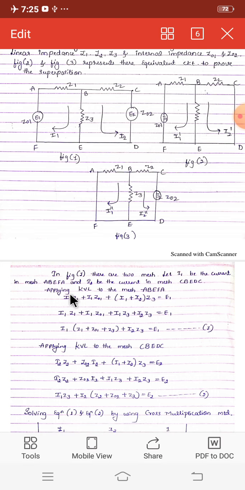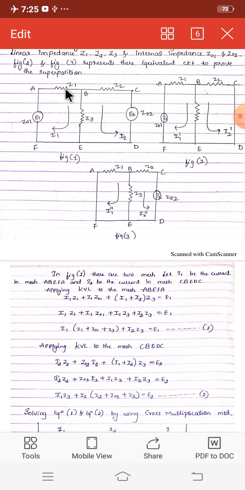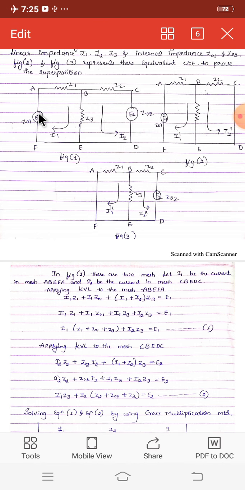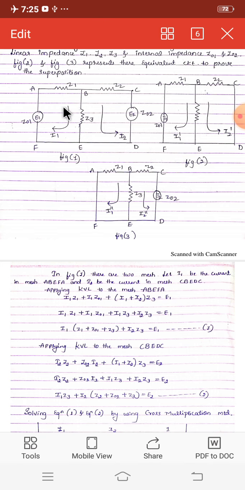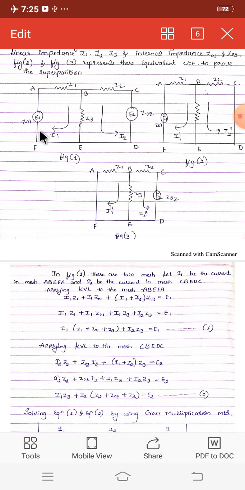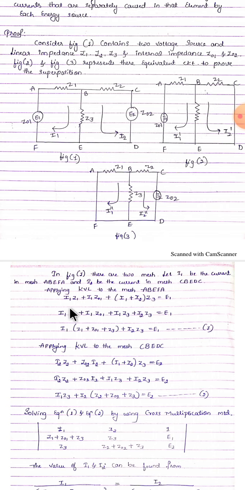So I1 Z1. See here, the current flowing through here is I1, so that is I1 Z1 plus I1 Z01, plus I1 plus I2 through Z3. The current flowing through the first mesh is I1, and here I2, so first I1 Z1, then I1 plus I2 times Z3, then I1 Z01, that is equal to E1.